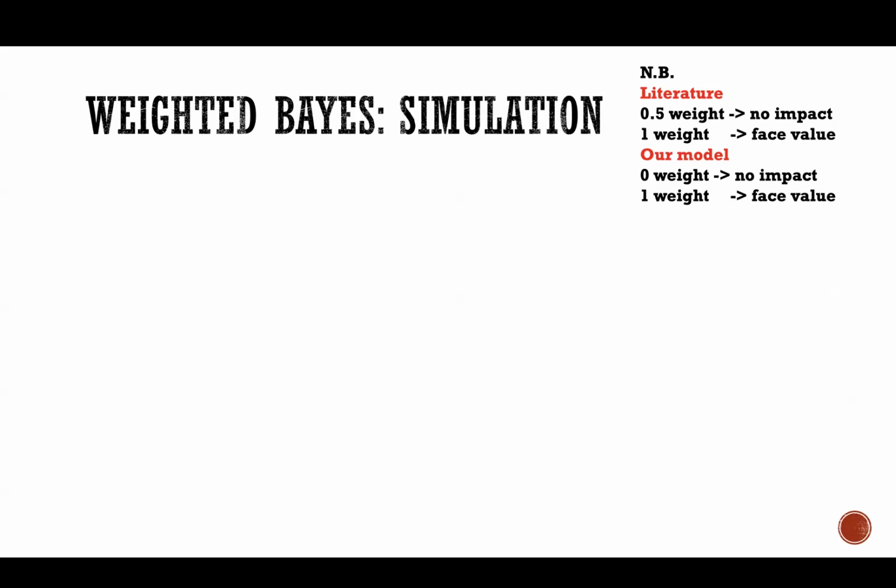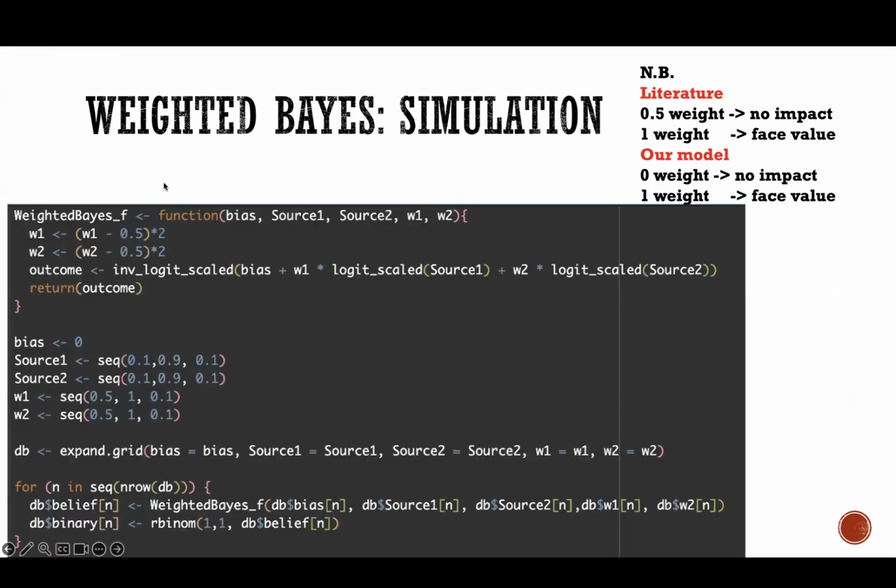So we'll need to do a twist if we want to keep our results compatible with the literature. So we can say that weight 1 minus 0.5 times 2 will go from a 0.5 to 1 scale to a 0 to 1 weight. It's just a simple mathematical transformation. We can discuss it more tomorrow.